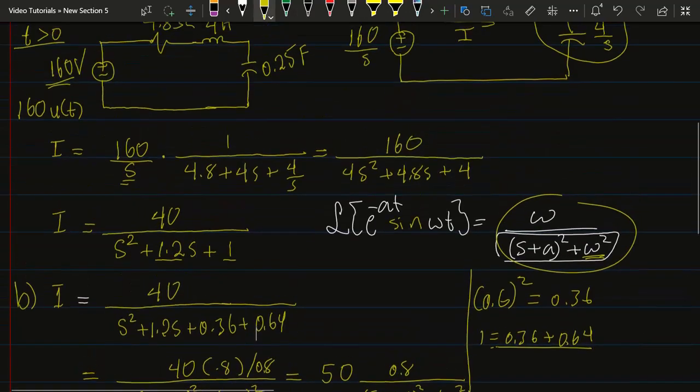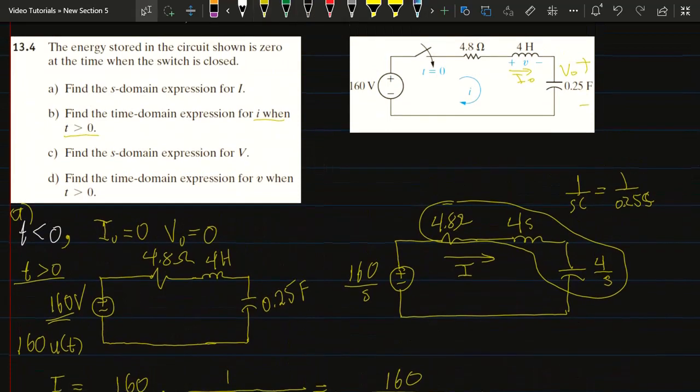Next, in part C, it's asking that we find the S-domain expression for V now, and V is the voltage across the inductor from here to here, as shown.